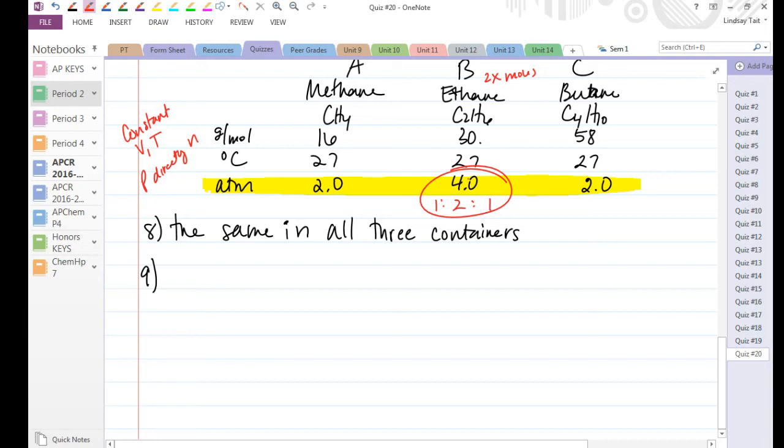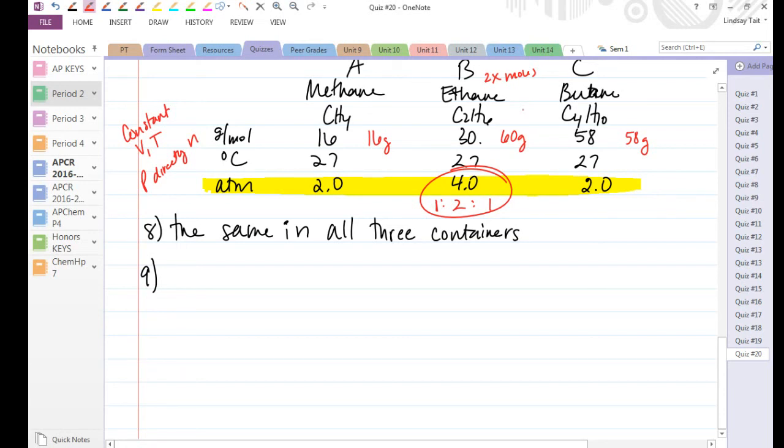And so knowing that, if I had 1 to 2 to 1 moles, well, just looking at the molar masses, you could say, okay, 16, that's the mass of 1 mole, so that would be 1 mole. But then here, 30, that actually means I would have a mass of 60 grams if I have 2 moles in that container. So what we actually have in our containers is 16 grams in A, 60 grams in B, and 58 grams in C. We had to recognize that we had twice as many grams here because we had twice as many moles.